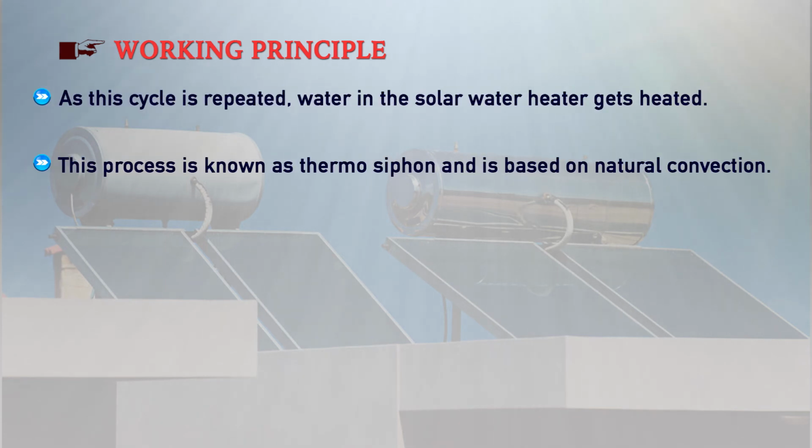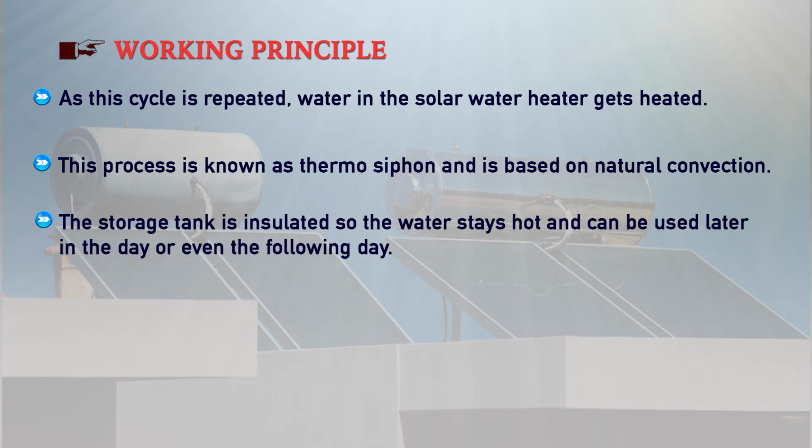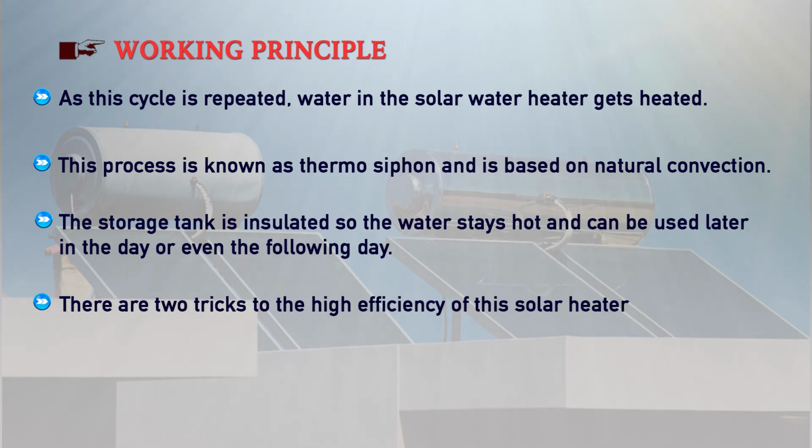This process is known as thermosiphon and is based on natural convection. The storage tank is insulated so the water stays hot and can be used in the day or even the following day. There are two tricks to the high efficiency of this solar heater.